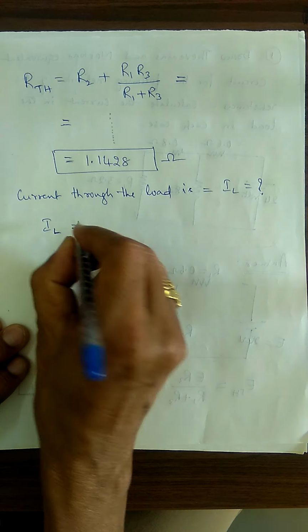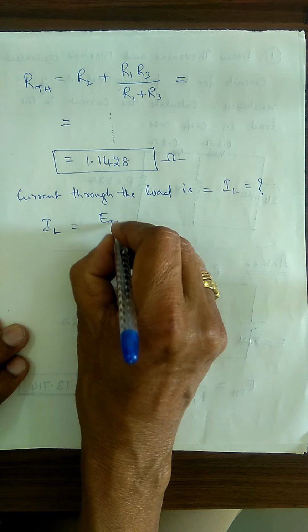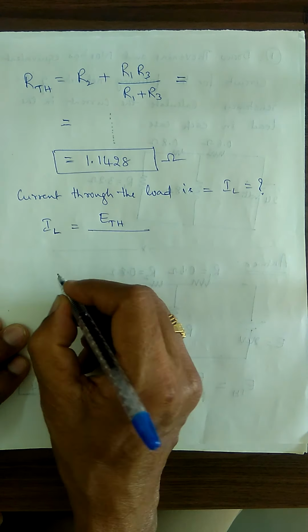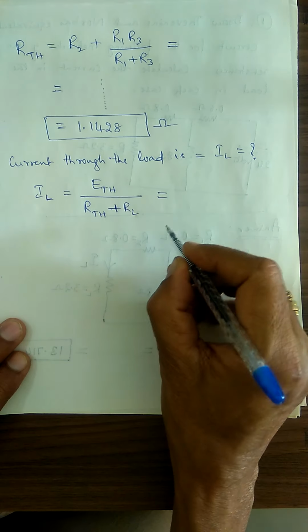IL is equal to ETH divided by RTH plus RL. One problem will be there in your final exam. Don't forget, if you are solving all these problems, you will get 4 marks. So IL is equal to ETH divided by RTH plus RL. Substitute here and get the answer.